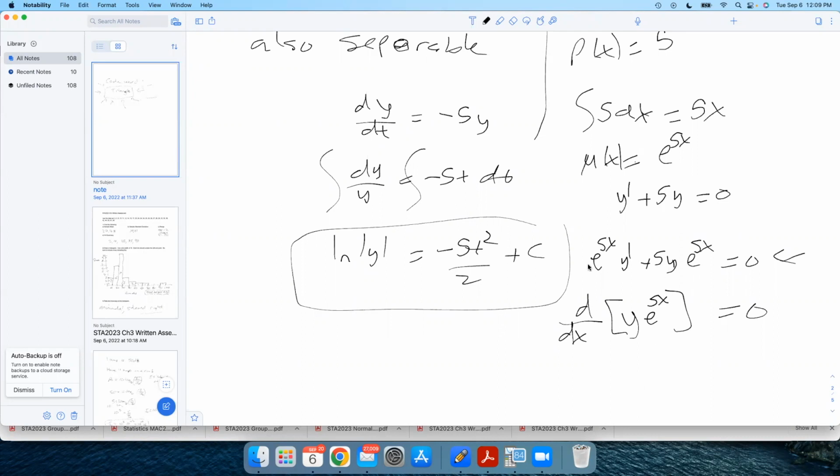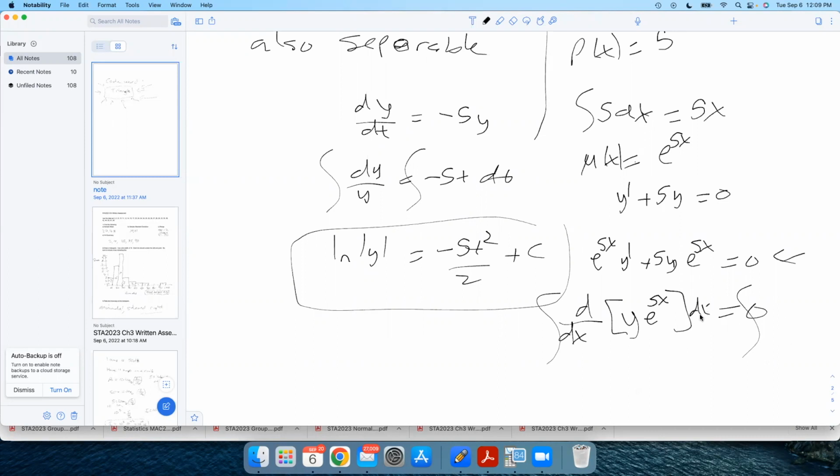Okay, so we write this as the derivative of y times the integrating factor, what we call mu. Then we're going to integrate both sides. You can't just start throwing around integrals. If you write this on a test, that's going to be minus 2. You can't write an integral symbol without writing a differential.